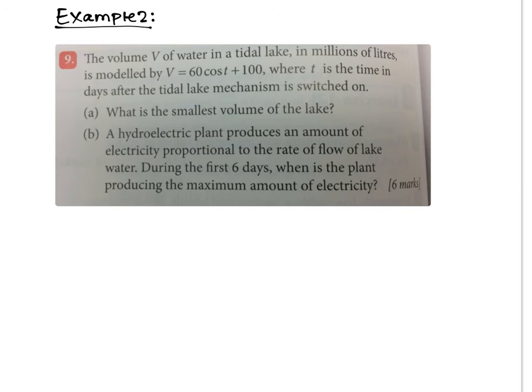So let's start with Part A. So it's talking about finding the minimum. And to find the minimum, we're going to start by taking our first derivative and finding our stationary points. So our first derivative is going to be negative 60 sine of t. We're going to set that equal to 0 to find our stationary points.